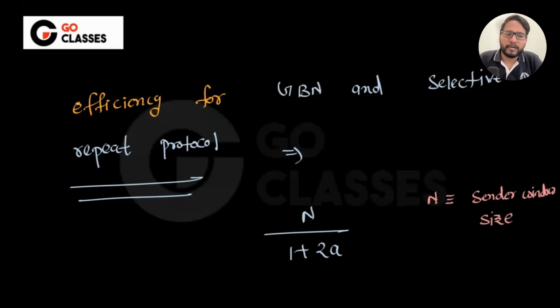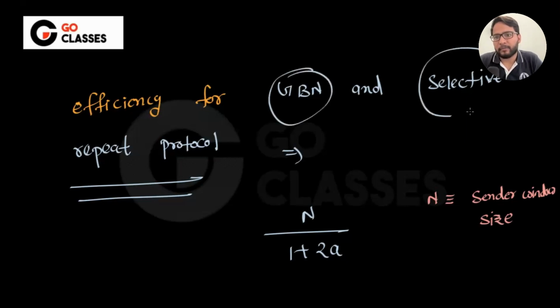Now you must be wondering, if both are the same efficiency, then what is the use of the selective repeat? Why are we having multiple packets in the selective repeat at the receiver? If go back N and selective repeat both have the same efficiency, then what is the use of that?